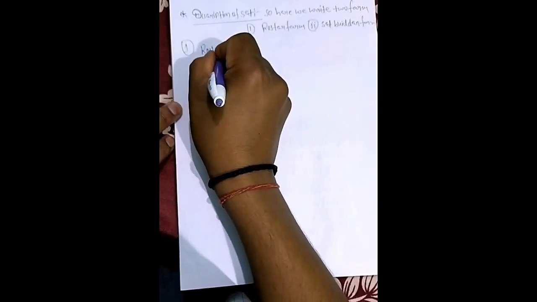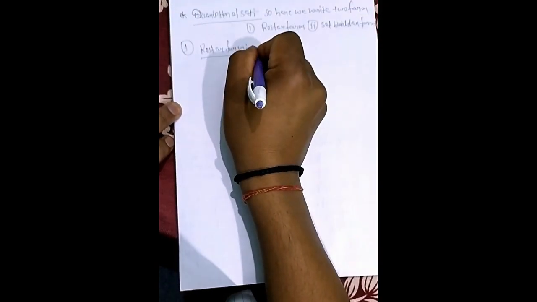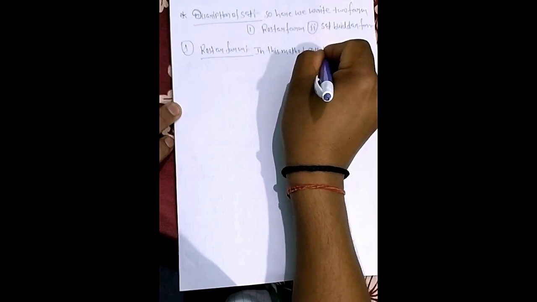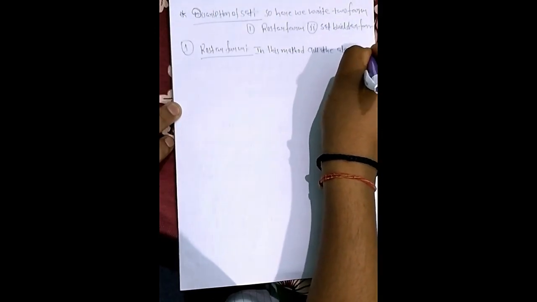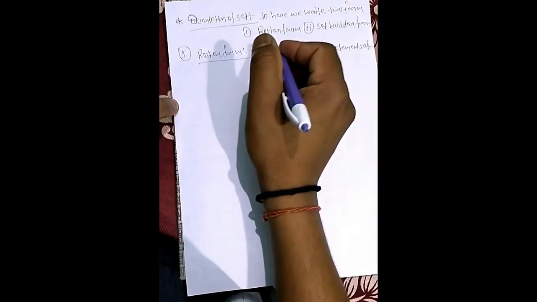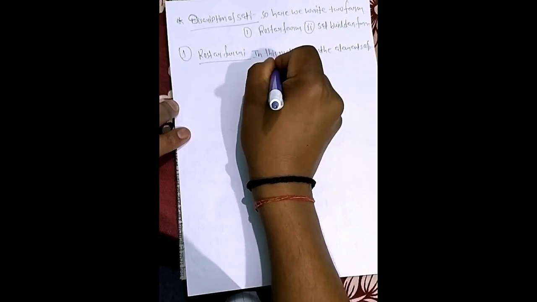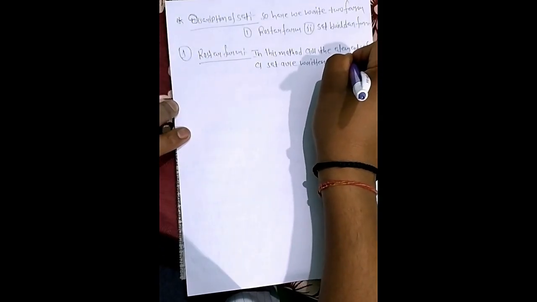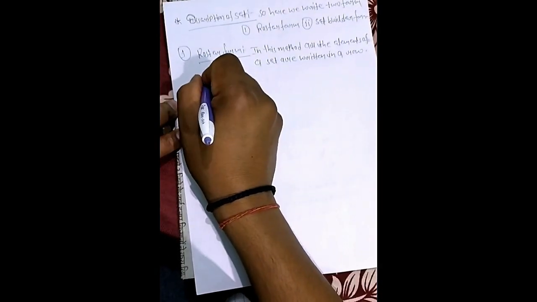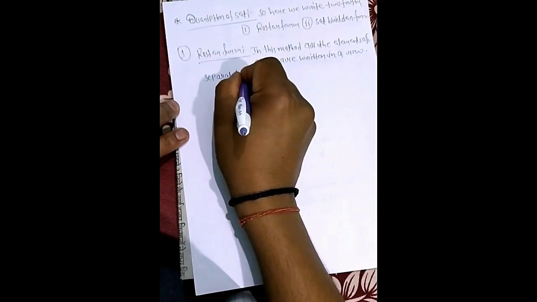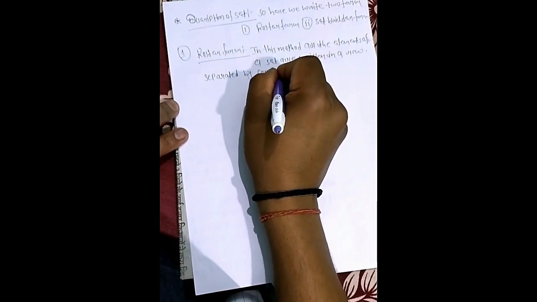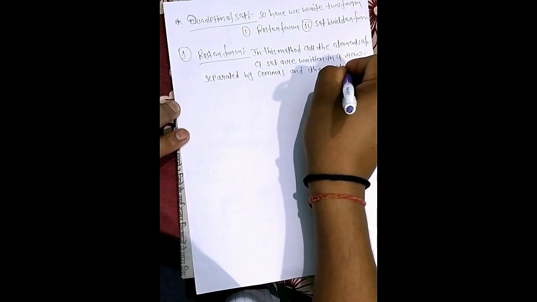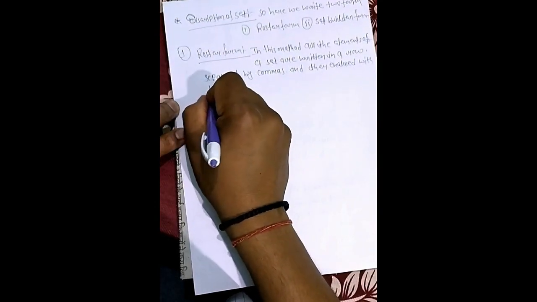First, roster form. The definition is: in this method all the elements of a set are written in a row, separated by commas, and then enclosed with brackets.